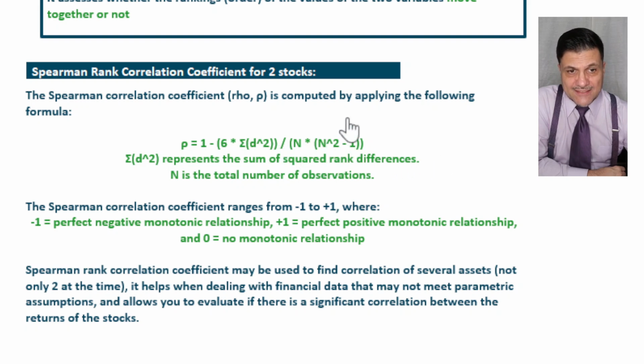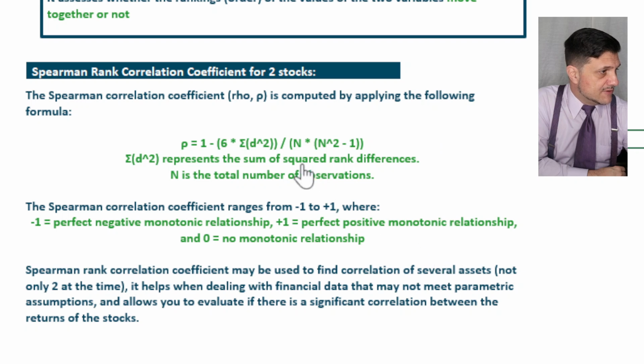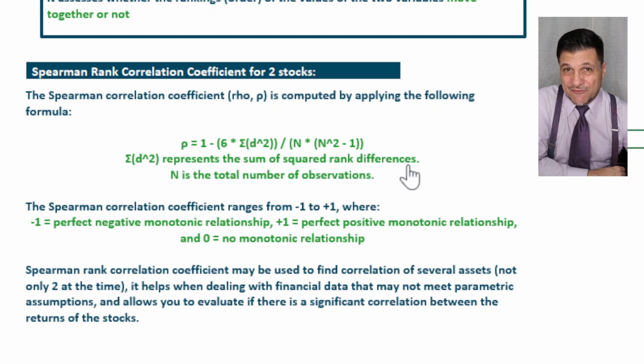But in reality, what you have is 1 minus a numerator divided by a denominator. Here I put that the sum of d squared represents the sum of the squared rank differences. n is the number of observations.